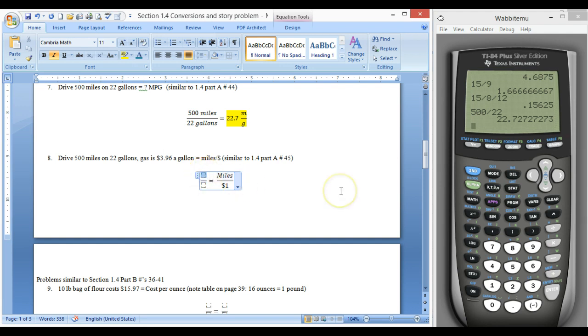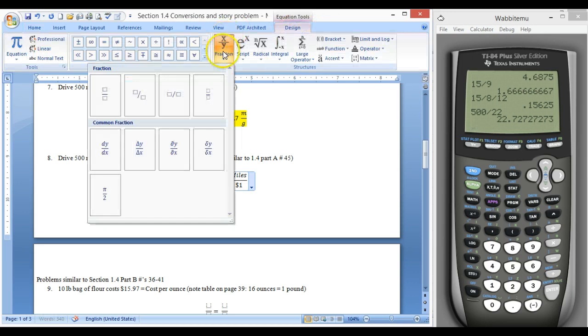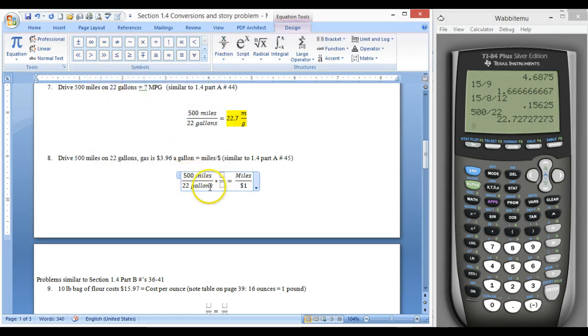So when I start this, I know I want to put miles on the top. So I'm going to put 500 miles, and I know that I did 500 miles on 22 gallons. They told me right here. Now here's the trick. We have gas is $3.96 a gallon. So I need to get something in here, multiply this by some fraction that will get rid of the gallons on the bottom. So I'm going to put gallons on the top.